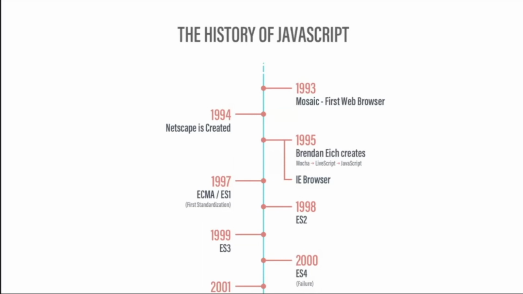In 1993, the Mosaic browser, the first graphical web browser, was launched, and the owner of Mosaic created Netscape in 1994 and 1995. Brendan Eich, while working at Netscape, created JavaScript. It was first called Mocha, then it turned into JavaScript.